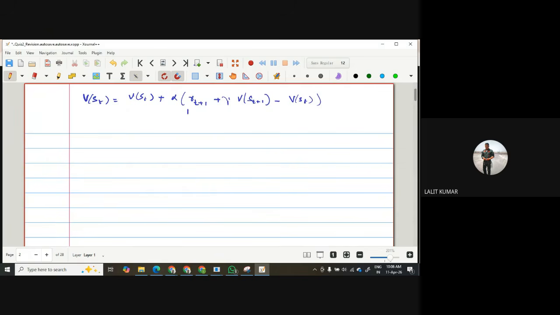Remember this part, R_{t+1} + gamma V(S_{t+1}), is the TD target, and the full bracketed value is known as the TD error. If any question comes, we should know what is TD target and what is TD error. From S_t, I take action A_t, I reach S_{t+1}, I get reward R. Now, considering this, I update the value of S_t. That is the basic essence of TD error.